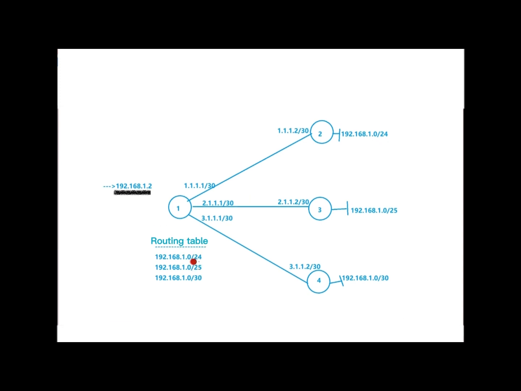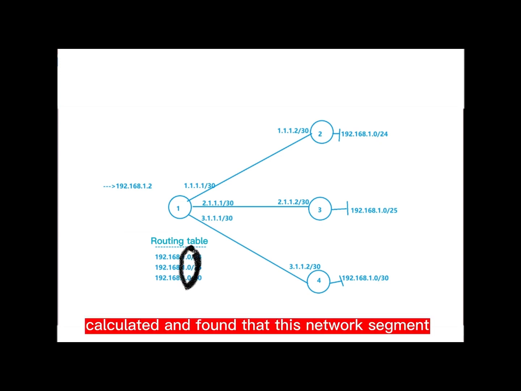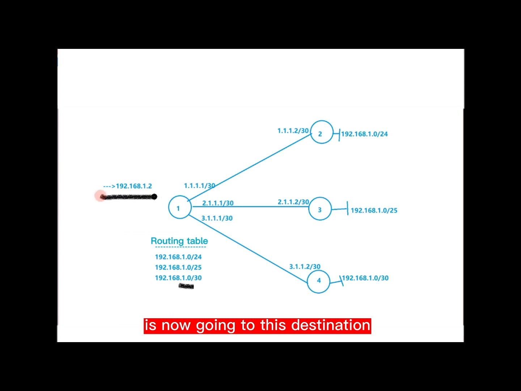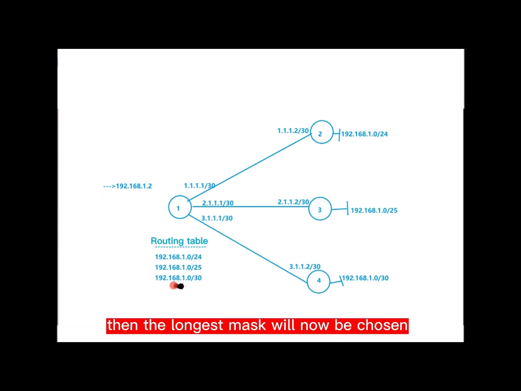Look, 24 can match it; the calculation gives the 1.0 network segment. Both 25 and 30 are calculated with it as well. The calculation shows that this network segment is the destination the data is going to. All can match. Then the longest mask will be chosen.